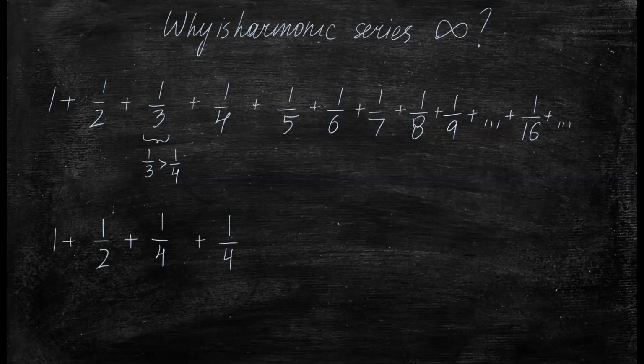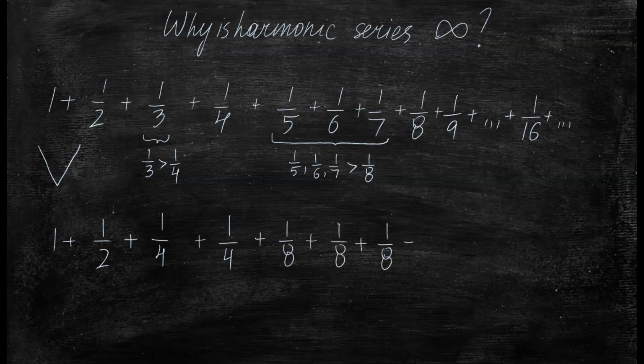Then I'm going to get a smaller series than the original one. Now, for the same exact reason, what if we take 1/5, 1/6, and 1/7 and replace them with 1/8, since all of them are larger than 1/8? Well, we're still going to create a smaller series.